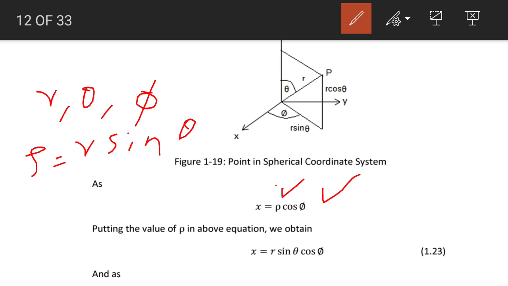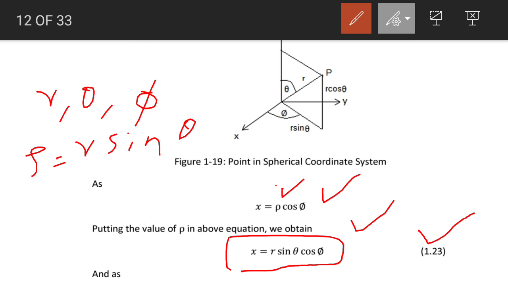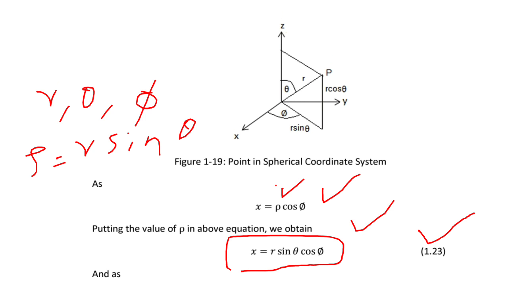So x will be equal to r sine theta cos phi. So we calculate x with the help of this particular equation. So if r is known, theta is known and phi is known, you guys can calculate the x coordinate of this point in terms of r, theta and phi. How do we calculate y coordinate of this point?